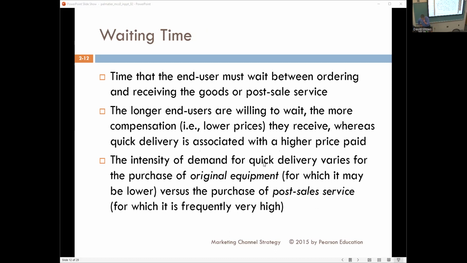Waiting time. Now, I'm going through this myself. I talked about my Build Redux machine. Shipping is supposed to be January 30th. And I am a lot more willing to wait, but I am being compensated for it because of an extremely low price.